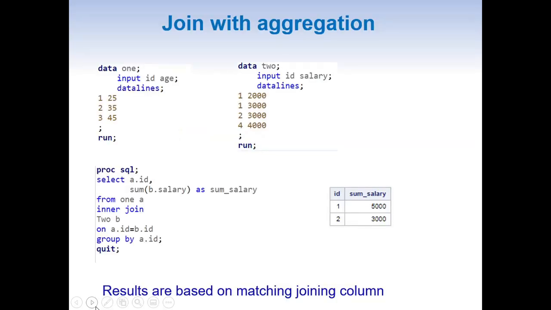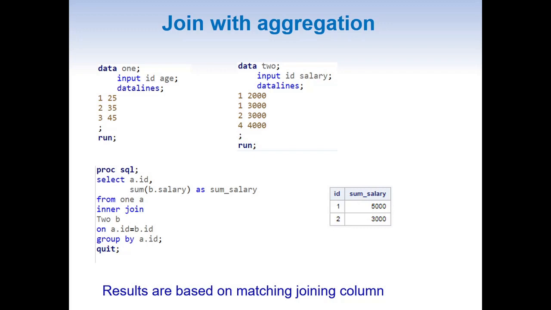The first one is, whenever we do a join, we can also do the aggregation in the same step. Most of the time when we were doing a join, we were joining the first table and the second table, and we were just bringing the variables by doing from one inner join 2, and then saying on a.id equal to b.id. In this case, we were bringing id and salary from these two data sets, but we need not do just that.